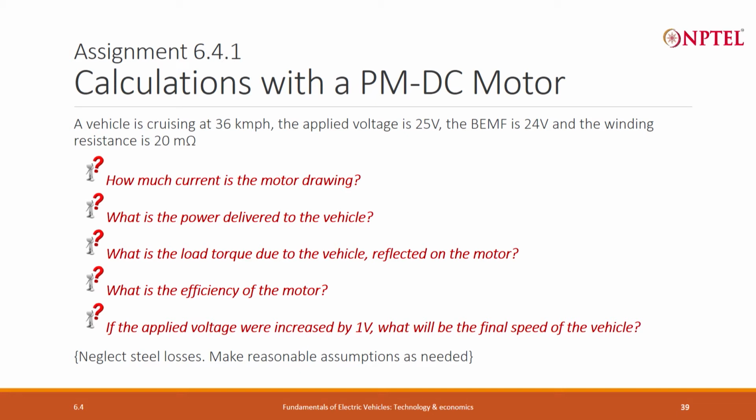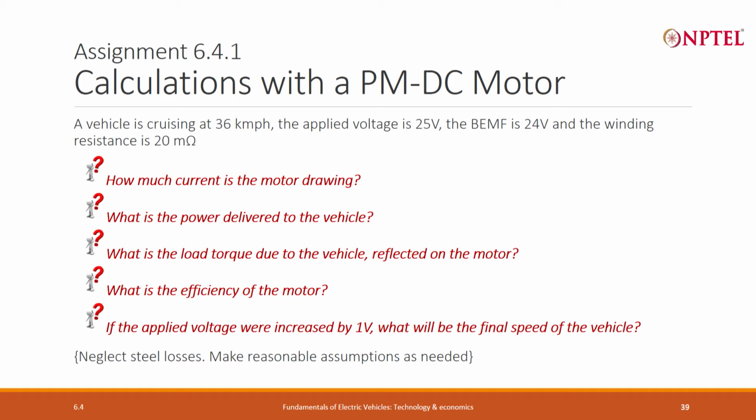So, the vehicle will move faster, and then it will balance everything out at a higher speed. What will be that higher speed, because of the extra 1 volt? All of this you can calculate based on what you already know. The questions may appear very challenging, but actually it is all very simple. Whatever we saw in the previous slide, you can answer this. So, do this, it will help you develop the intuition better.